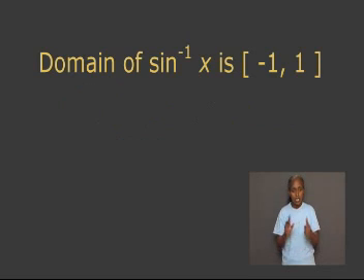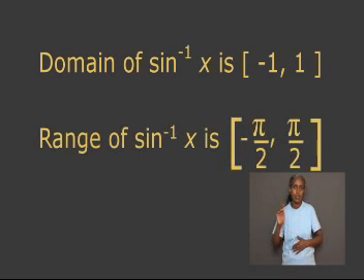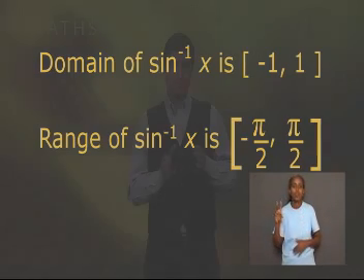The domain of the inverse sine function x is the closed interval negative 1 up to 1. The range is the closed interval negative pi over 2 up to pi over 2. We already know that cosine of x is not a 1-to-1 function.